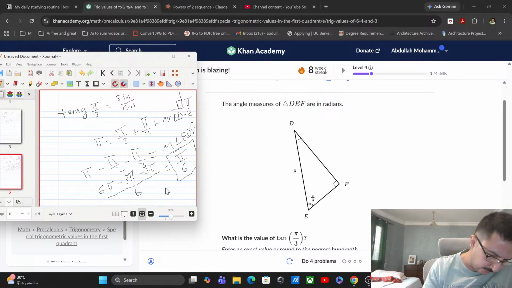How am I forgetting how to use this? Pi, what did I say? Pi over 2.